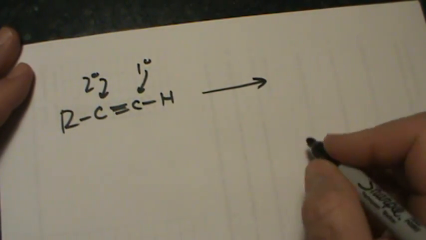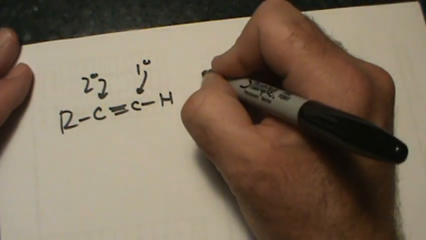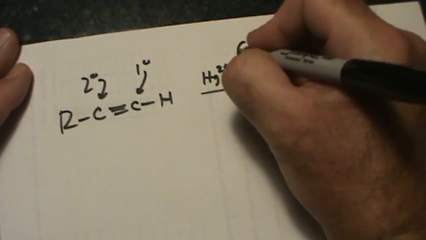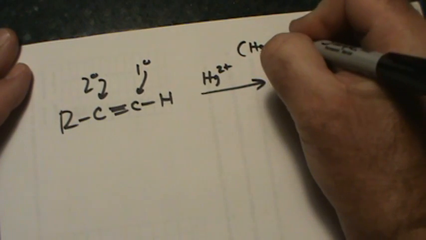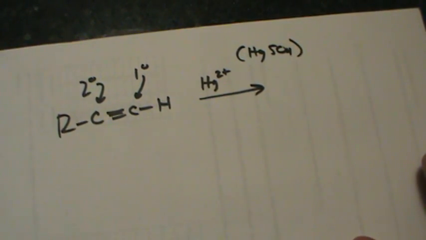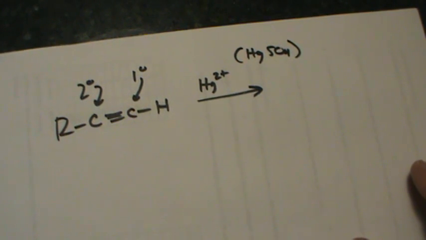So it's an unsymmetrically substituted alkyne. And it's going to turn out that the best reaction conditions use a mercury 2+ reagent, typically mercury sulfate, in the presence of an acid, typically.